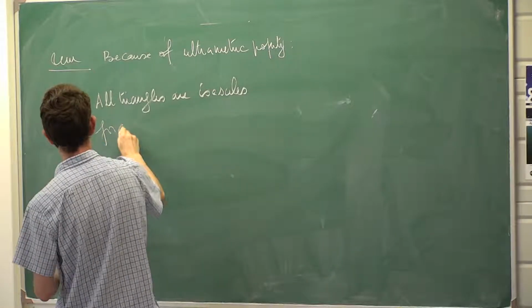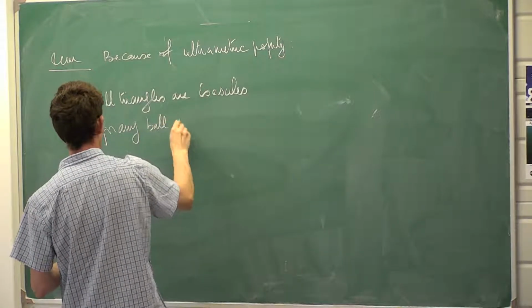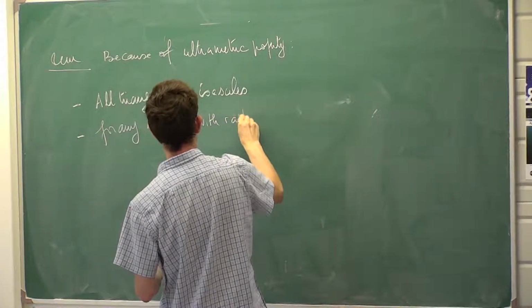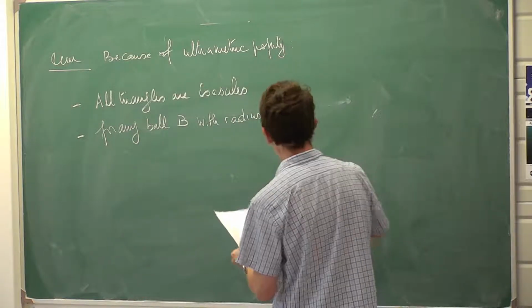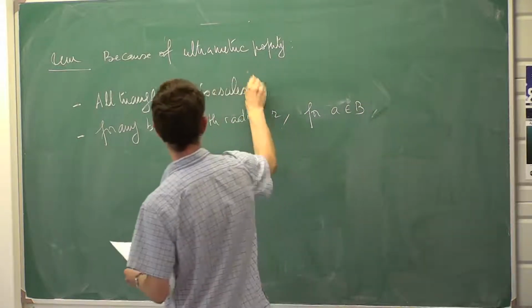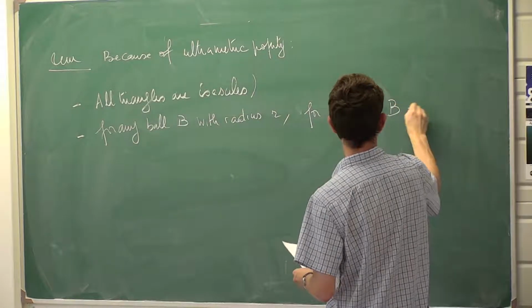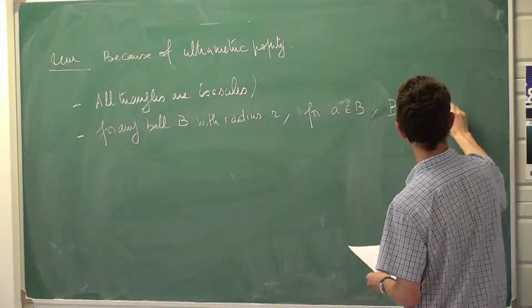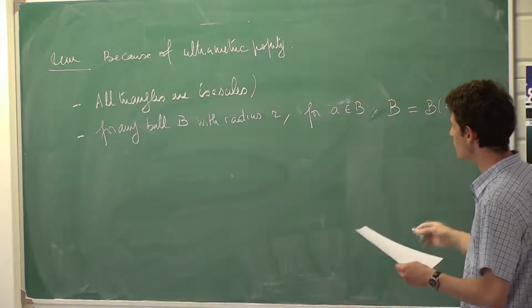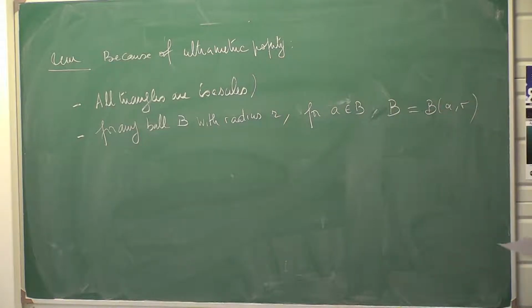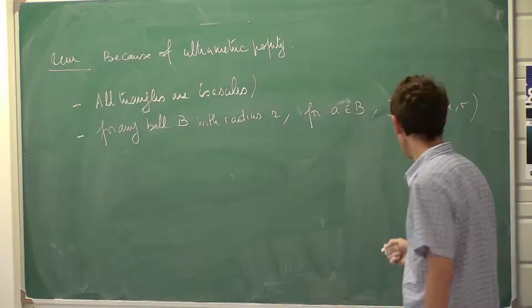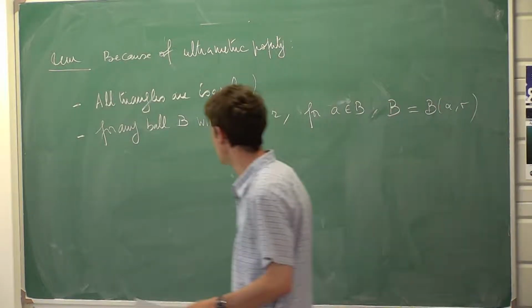For any ball B with radius r, then for any a in B, you have, by this property, that B is equal to the ball with center a and radius r. Okay, that means that every point of the ball is the center of the ball. This is completely counterintuitive, but this is the case because of this property. Okay, every point of a ball is the center of a ball.